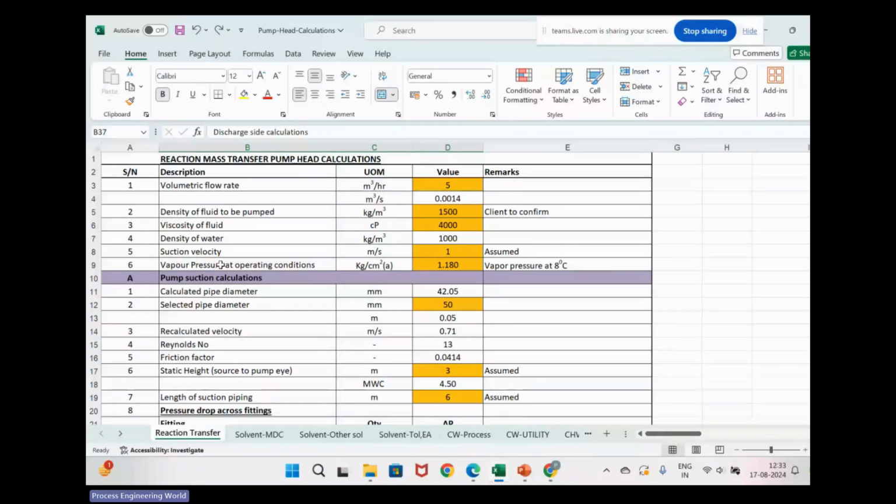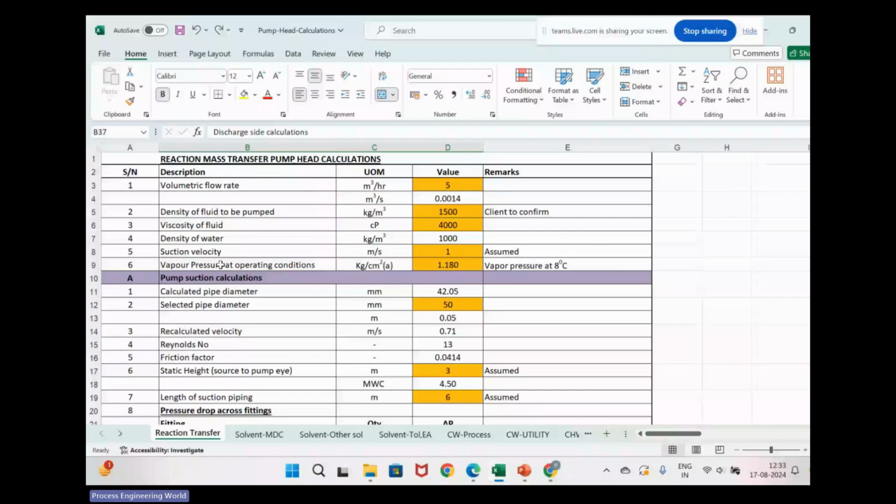you need the viscosity. Now you will say the viscosity term is not in the Darcy-Weisbach equation, but the friction factor term is there. As my friend said, to calculate the friction factor you need to calculate the Reynolds number, right? In the Reynolds number you have the term viscosity. Based on the Reynolds number, your friction factor formula will change.